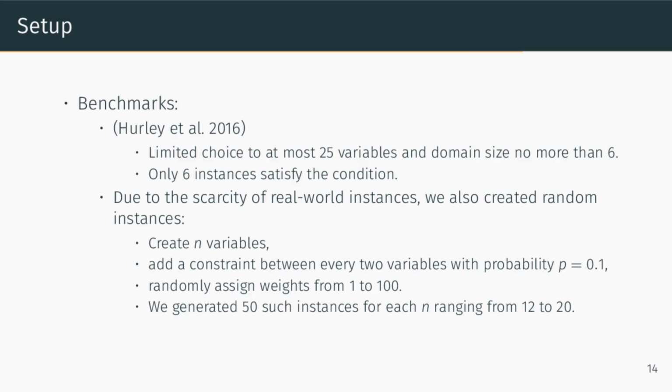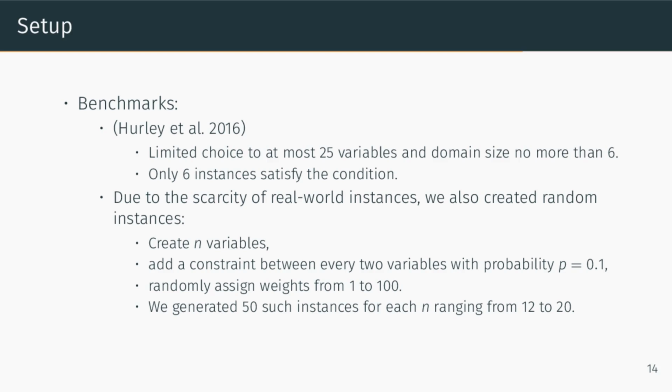So we use 2 sets of benchmarks. The first one is from early 2016, the WSSB instances there. Because in our experiments, we implemented our algorithm using a very basic framework, just for the sake of fairness. There's no fancy stuff there. We limited the choice to at most 25 variables and domain size no more than 6. After imposing this limitation, there are only 6 instances satisfying this condition.